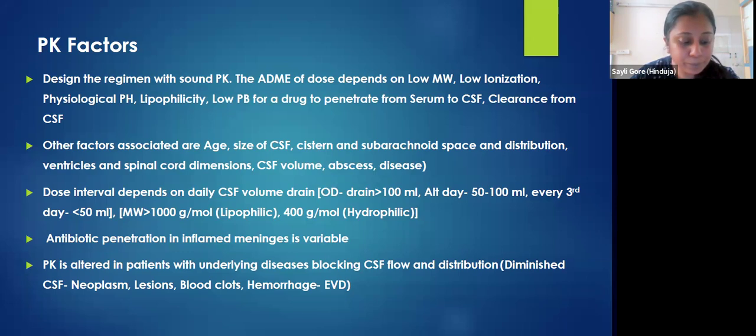Then the drugs that are transported through active transport, like cephalosporin or penicillin, use transporter proteins like OAT. These transporter proteins also carry the drug into the CSF, but they also have an elimination property, as they also remove the drug.